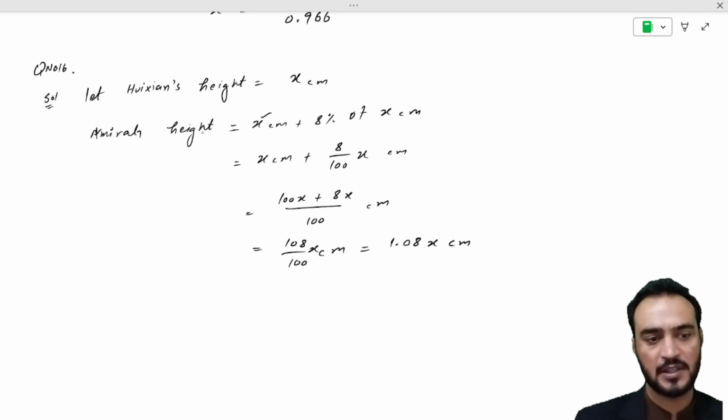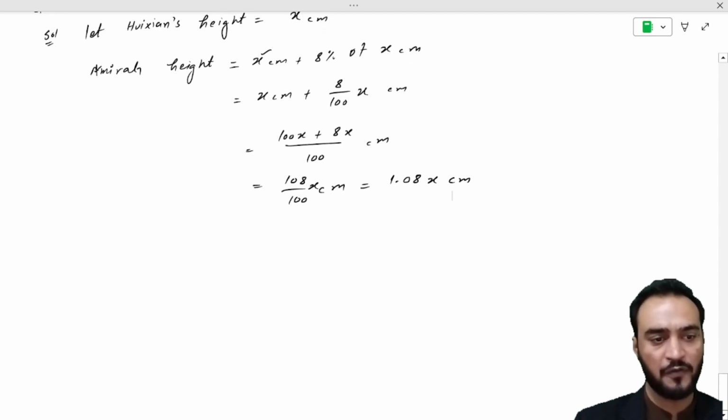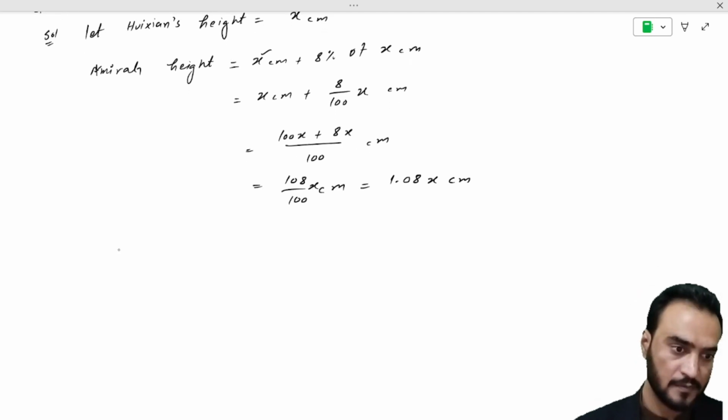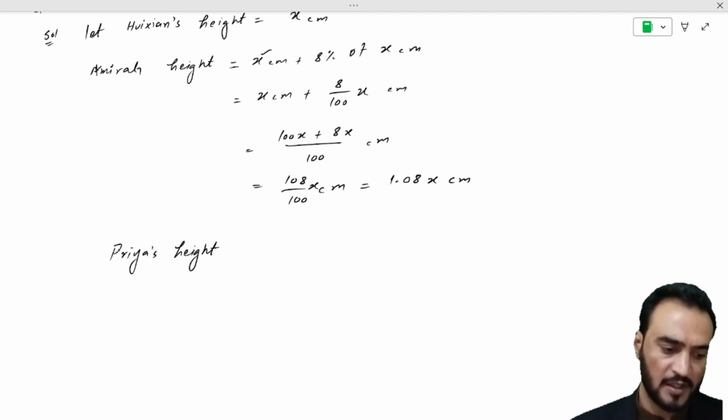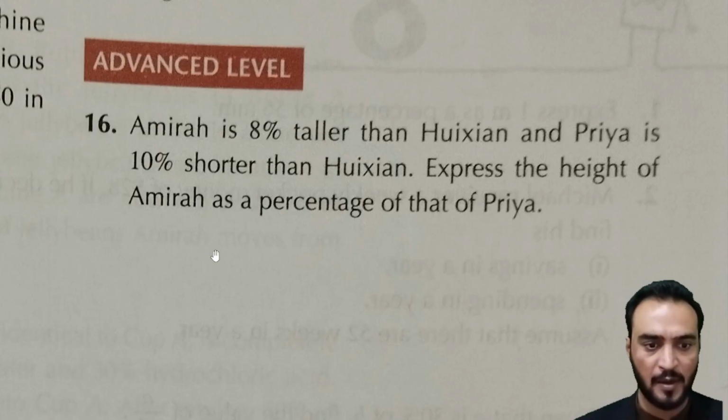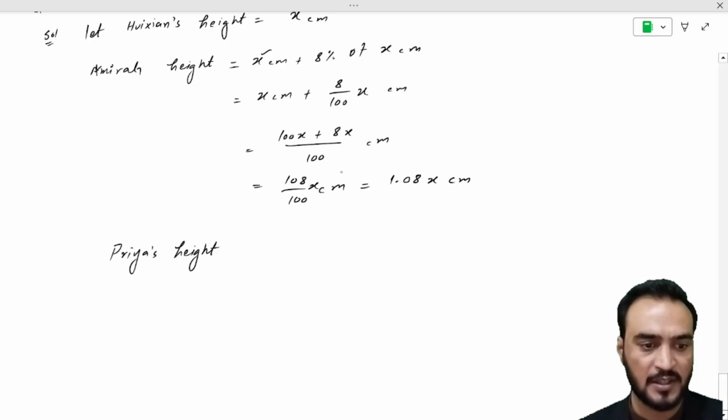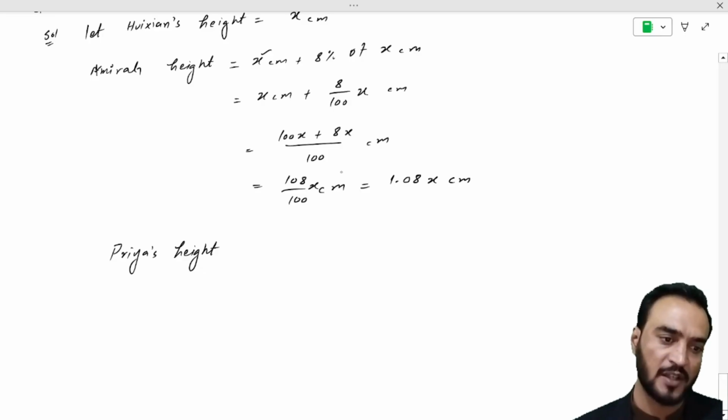So this is Amira's height. Now we will find Priya's height. Priya is 10% shorter than Hexane, so we will subtract this 10% from Hexane's height to find Priya's height.